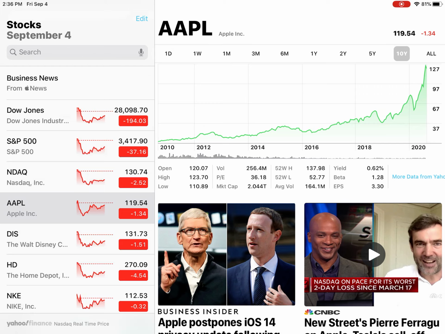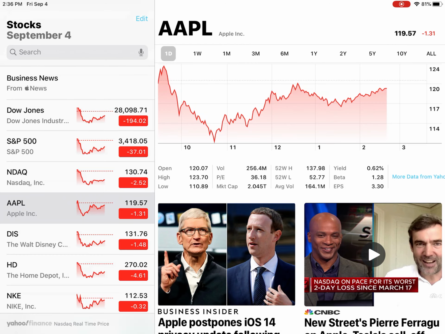I'm going to go back to how it's doing just on this day today. I can hold my finger on the graph and drag it to see how much it was trading for at any given time of the day. Notice the time that is changing up above the graph.